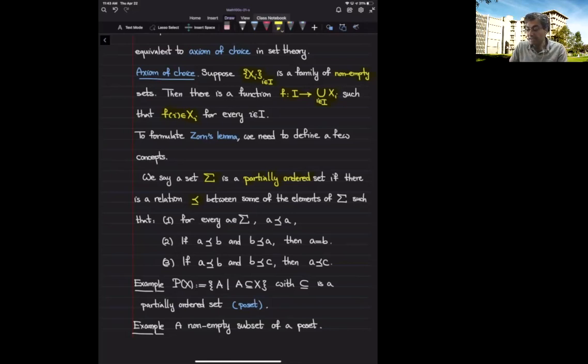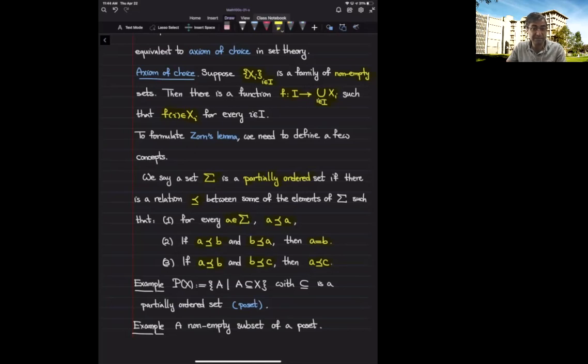So every a should be at most itself. If a is at most b and b is at most a, then they should be equal. If a is at most b and b is at most c, then a should be at most c. So if I give you a set sigma with such an ordering, then we say it's a partially ordered set.